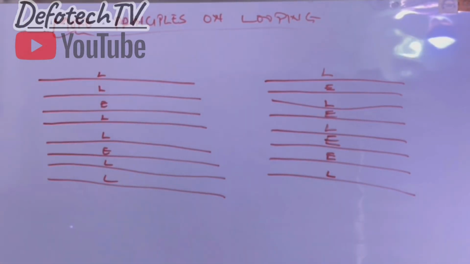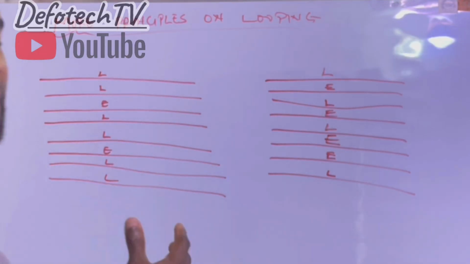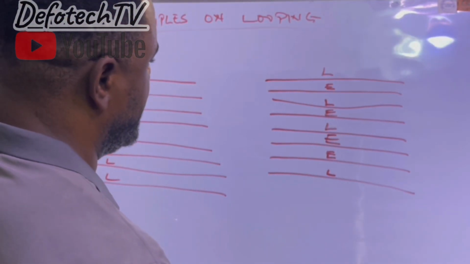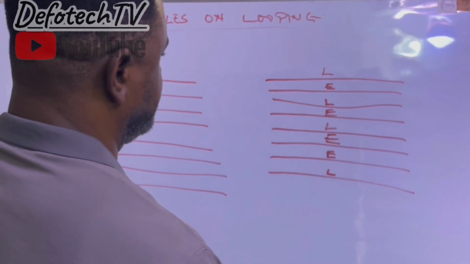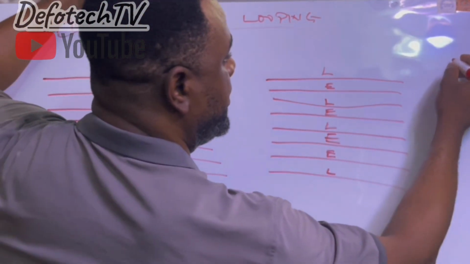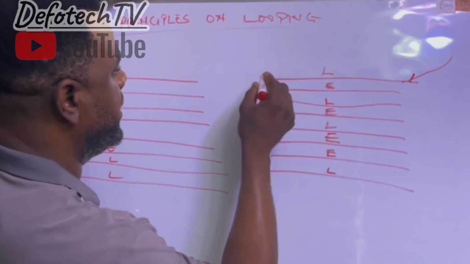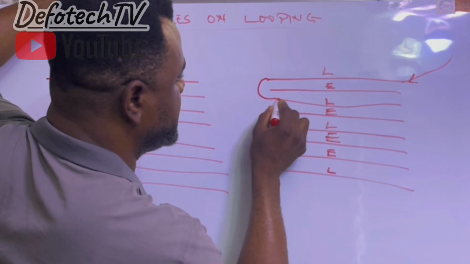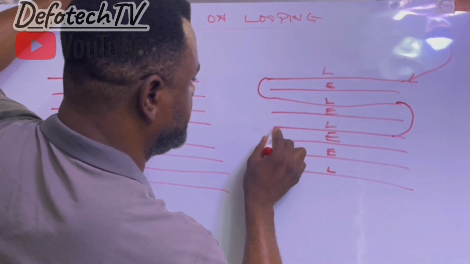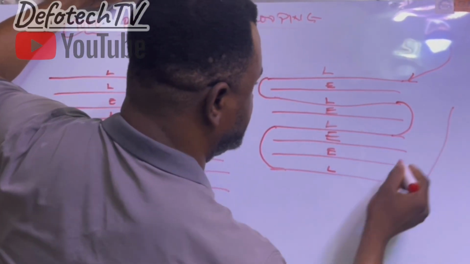If we have something like this, can this work? Let's consider it. Let's have a look at it. If our energizer comes in from this direction, it gets in here, this one here and this here, and returns this way.